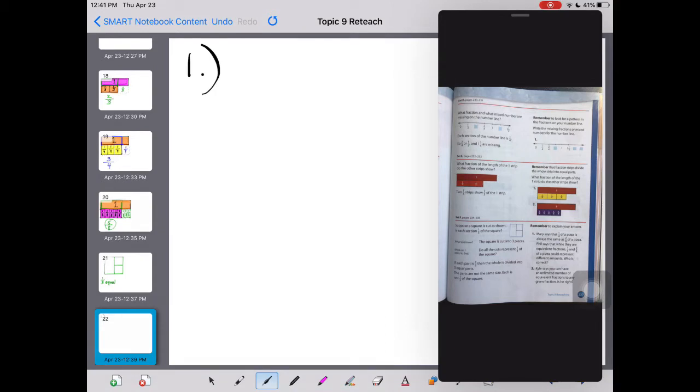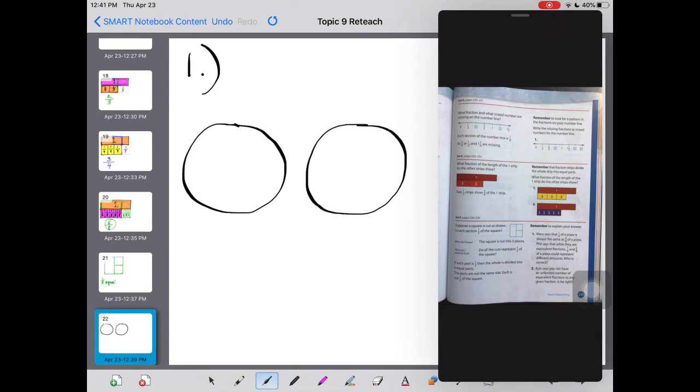And here's why. So I'm going to draw 2 round pizzas. 1, 2. Okay. Pizzas are about the same size. Let's pretend they're perfectly, identically the same size.